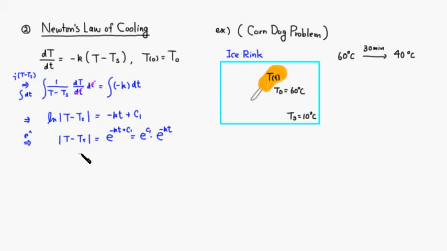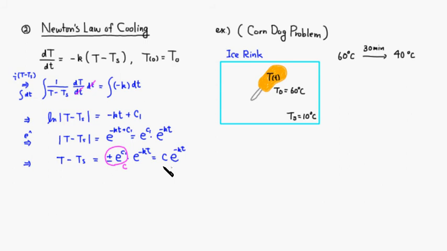Then we need to get rid of this absolute value sign, so we can consider positive 1 and negative 1. So T - T_s is equal to plus or minus e to the C1 times e to the -kt. Since this constant is fairly complicated, I'm going to call it C. So this is just C times e to the -kt.